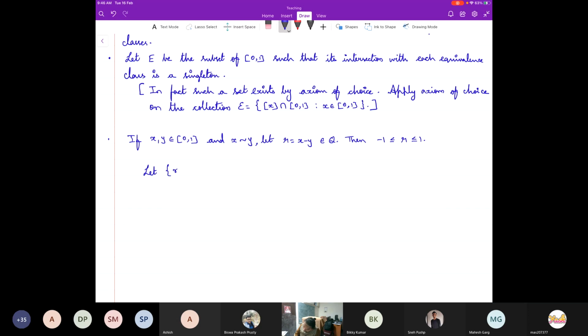So let R1, R2, and so on be an enumeration of the set of rationals in -1, 1.